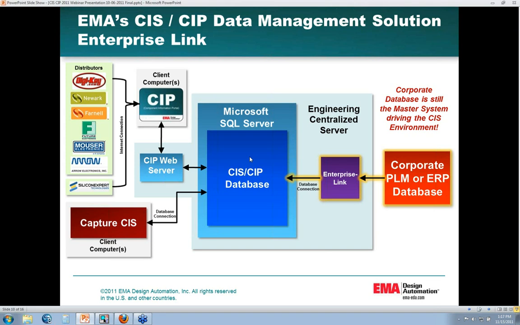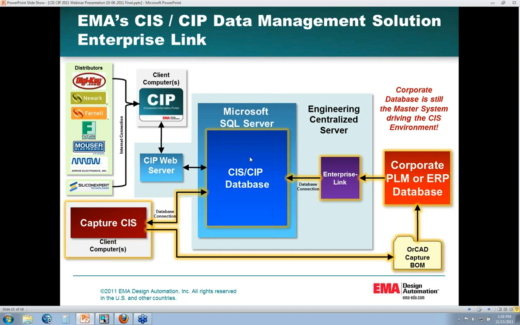The Enterprise Link is going to take data from the underlying enterprise corporate database and put it into a read-only mode, and then it integrates that corporate part data, delivered to the CIS database, which CIS users can access, and also CIP. So when you look at this whole system together, it ties everything together with CIS and CIP with the Enterprise Link.